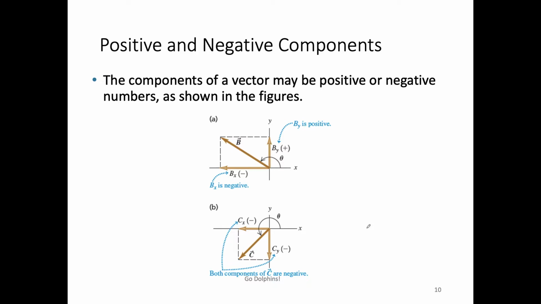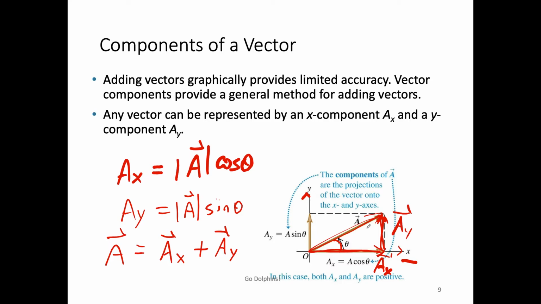And let me also write it here. You can see, because the magnitude A is the hypotenuse, Ax is one leg, Ay is the other leg of a right angle triangle, the magnitude of A should equal the square root of the magnitude of Ax squared plus Ay squared.